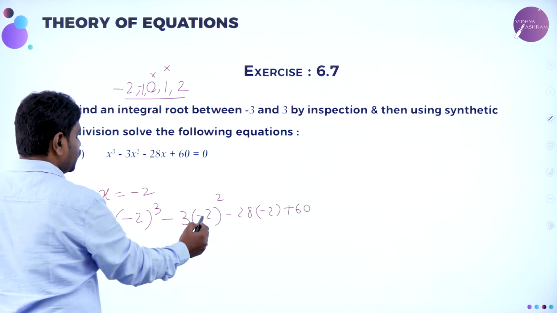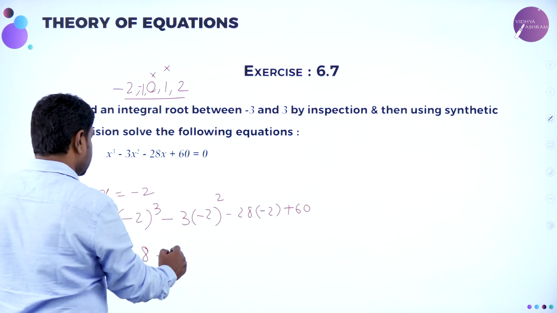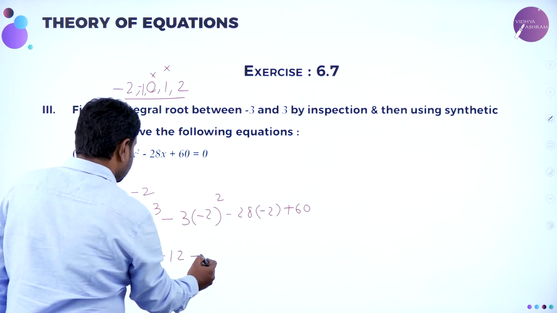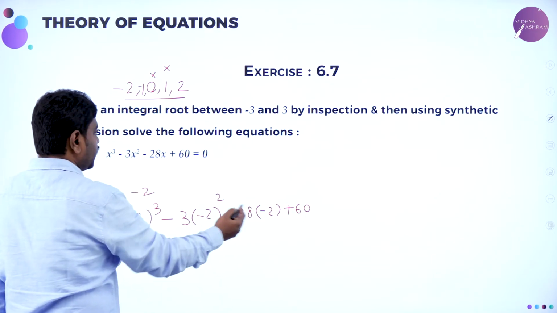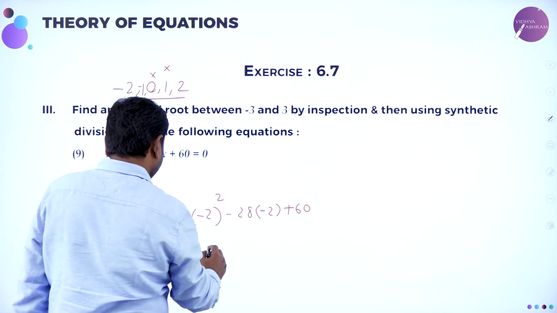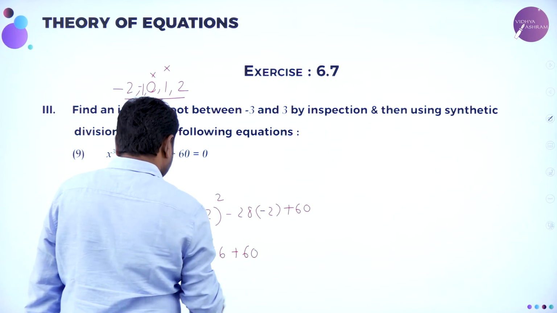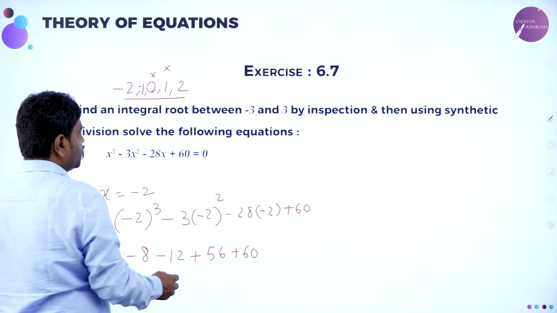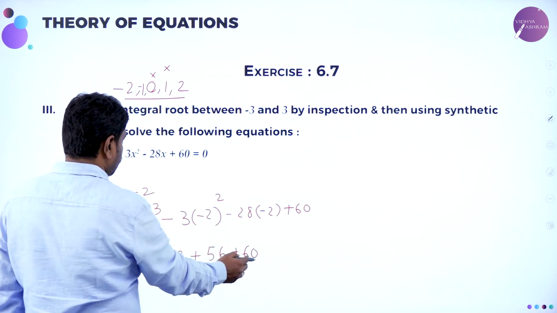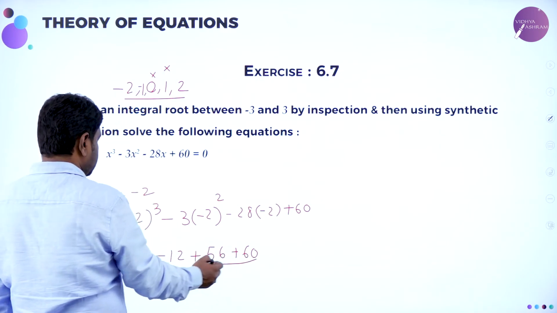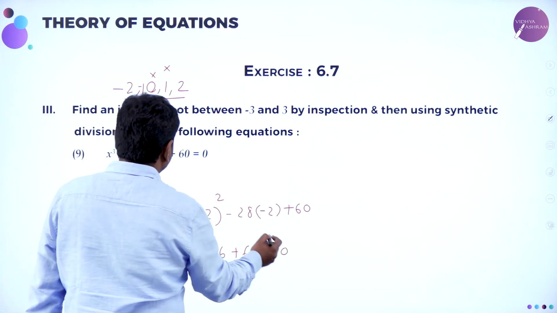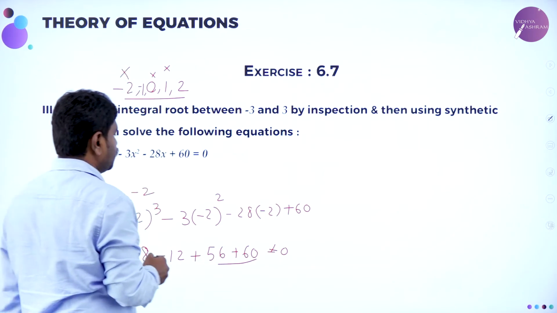Minus 2 the whole square is plus 4. 4 3s are 12, minus 12. Minus into minus plus, 28 into 2, 56. Plus 60. So definitely this is not 0. Why? Because we have more positive, 100 and something, so it's not 0. So minus 2 fails.